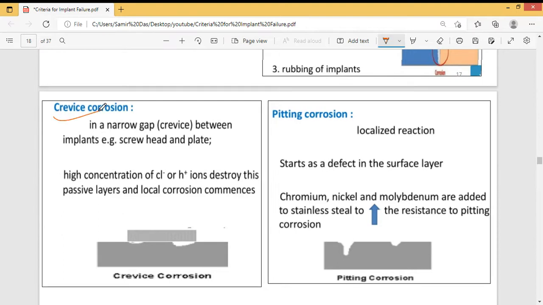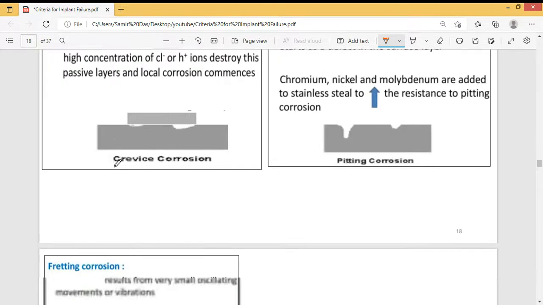So this is called crevice corrosion, this is called pitting corrosion. Whenever we check any corrosion, we have to go through these corrosion tests as well, so that we can know how corrosion proof our implant is.